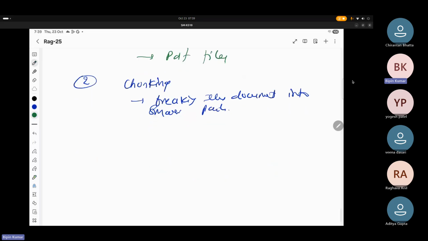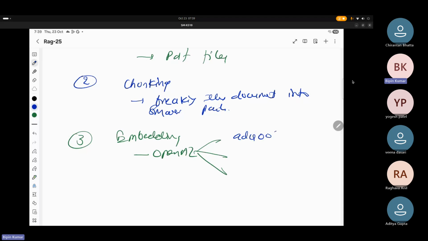Then we have seen embedding. So different embedding models we have seen. We have seen OpenAI embedding. So OpenAI provides 3 different embeddings: Ada 002, large and small. Okay.